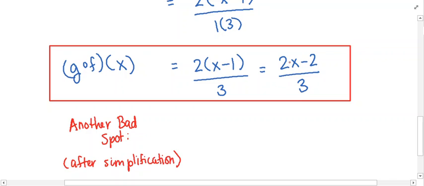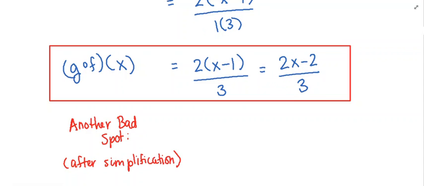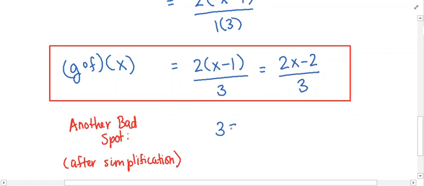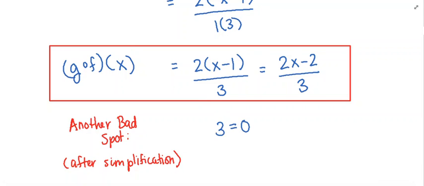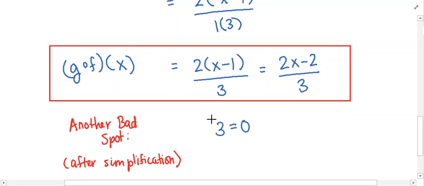So I'm going to go ahead and take the bottom and set it equal to 0. This doesn't make any sense. If you're solving 3 equals 0, those are just two numbers. 3 is never equal to 0. There's no variable involved, so there isn't another bad spot. So I'm going to go ahead and say no additional bad spot.